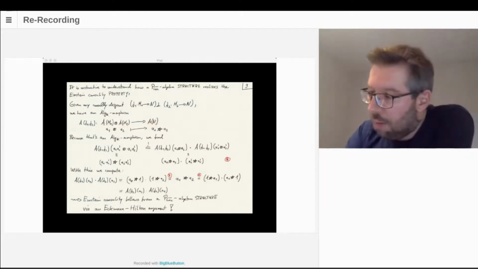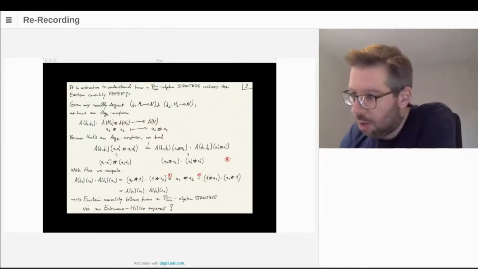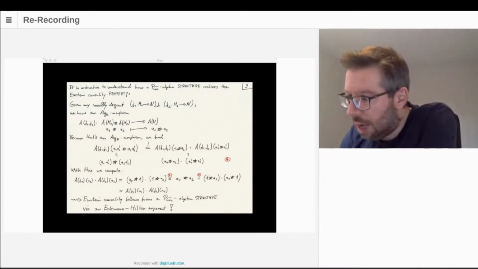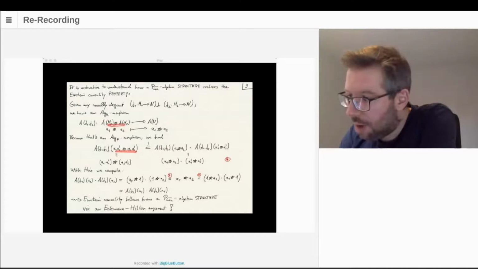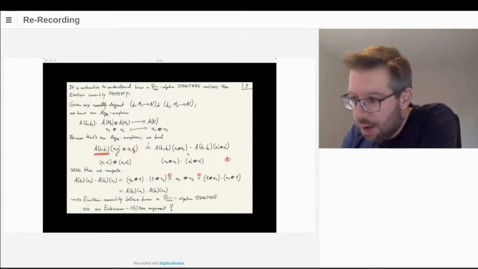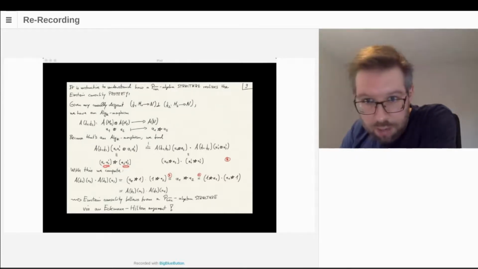Now, I can write out what that means. If I first multiply in the algebra, so this is a multiplication in the tensor algebra, I have here A1, A2, A1 prime, A2 prime, and then I apply this map, then I get, written in terms of the funny product, that one. So first multiply on M1 and M2, and then funny multiply the result.